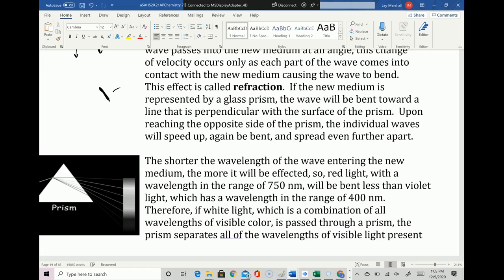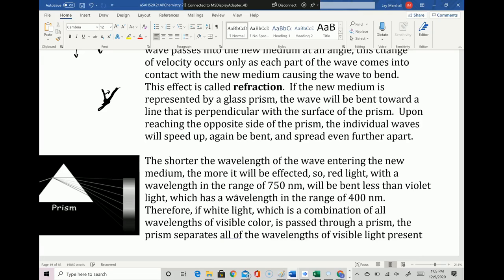The first part of the wave contacts this part of the glass first, and this part of the wave slows down first, whereas this part of the wave keeps going faster.